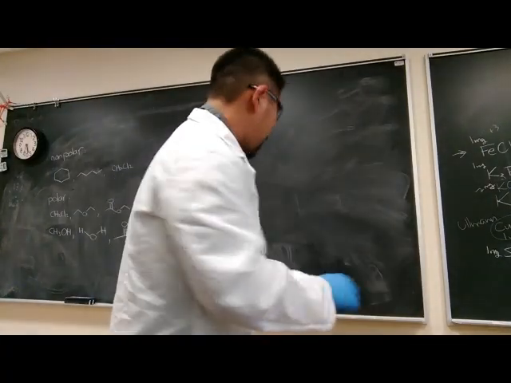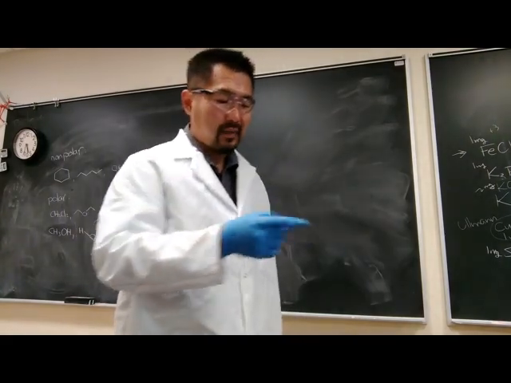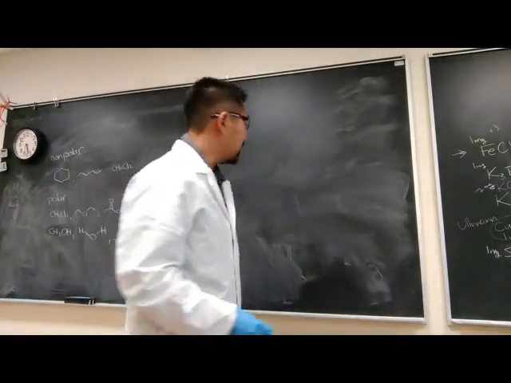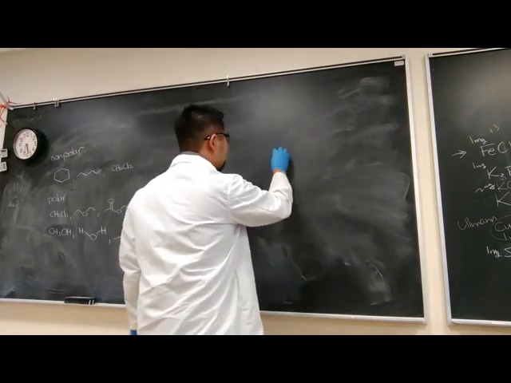So let's talk about what silica gel does for us. That's the material that is on the TLC plate. And silica gel at the molecular atomic level looks like this.